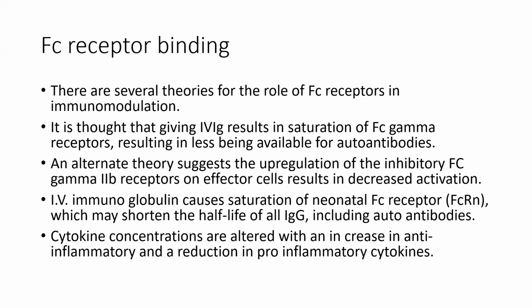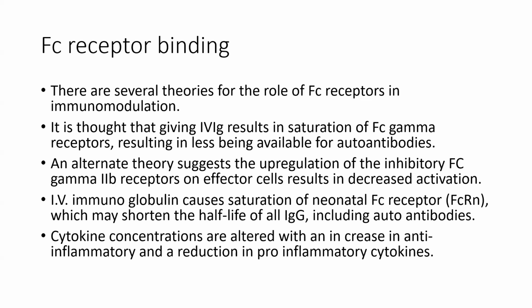Now the Fc receptor binding. There are several theories for the role of Fc receptors in immunomodulation. It is thought that giving IVIG results in saturation of the Fc gamma receptor, resulting in less being available for autoantibodies. An alternate theory suggests upregulation of the inhibitory Fc gamma 2b receptor on effector cells, resulting in decreased activation.